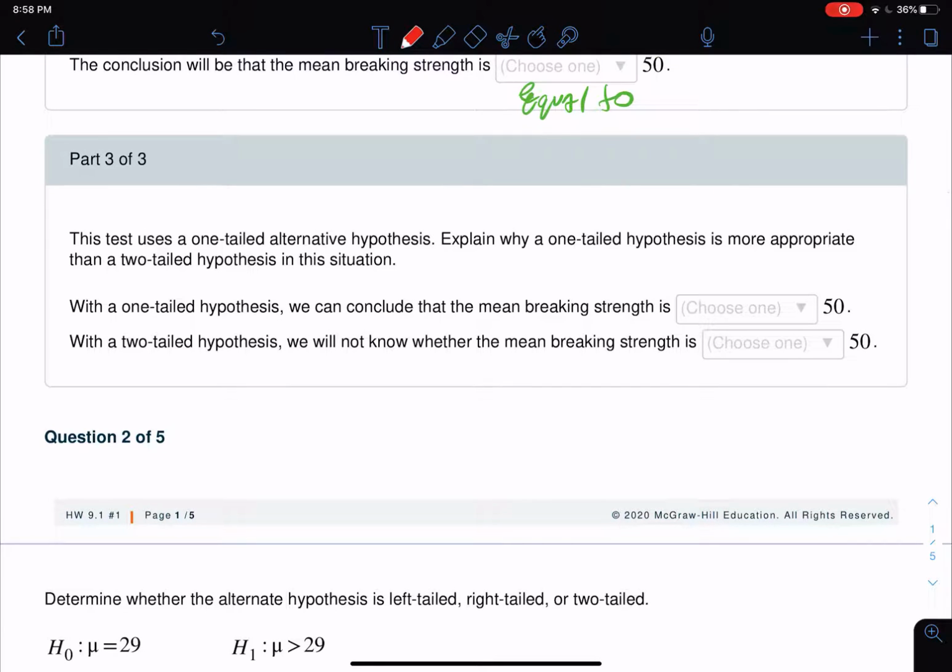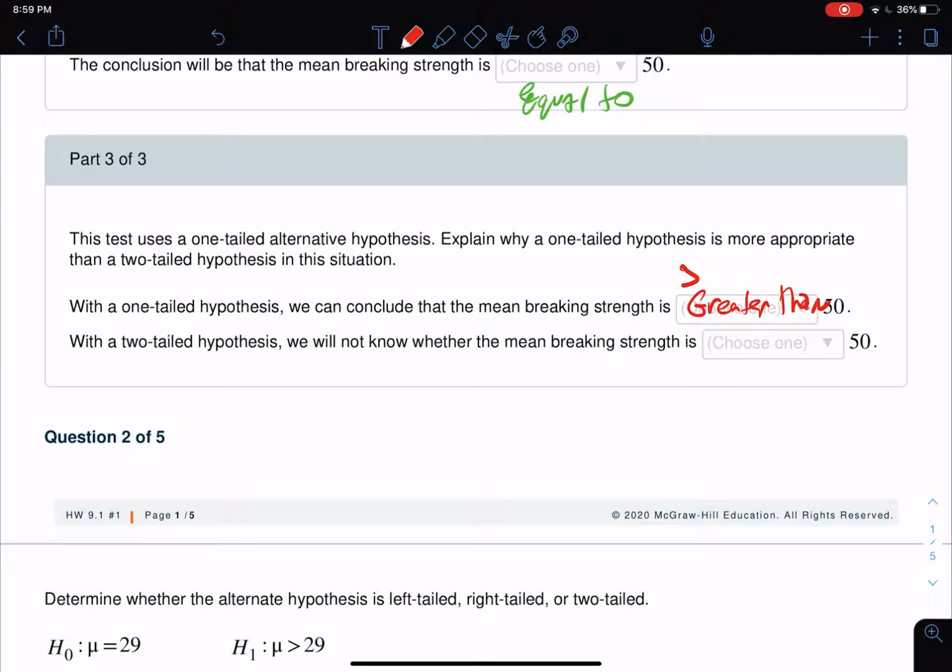So why is it a one-tailed test? With a one-tailed hypothesis, we can conclude that the mean breaking strength is greater than 50. It's going to be greater than, because it's to the right. Why is it not a two-tailed test?